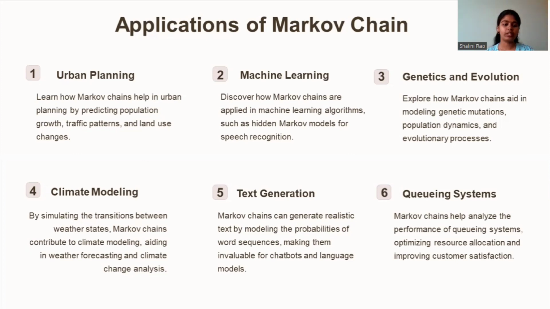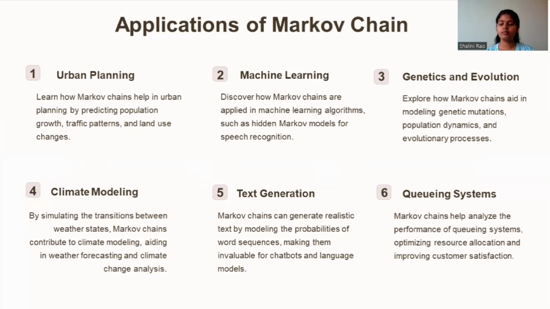Climate modeling: by simulating the transitions between weather states, Markov chains contribute to climate modeling, aiding in weather forecasting and climate change analysis. Text generation: Markov chains can generate realistic text by modeling the probabilities of word sequences, making them invaluable for chatbots and language models.